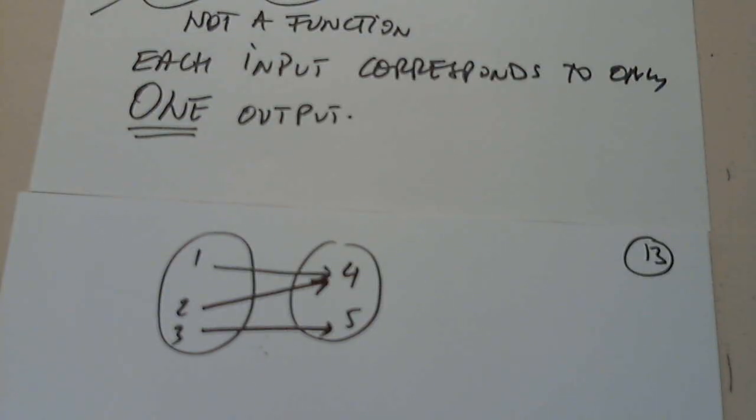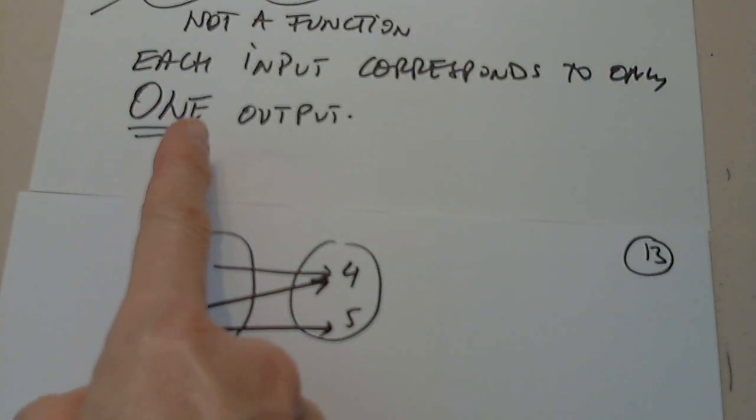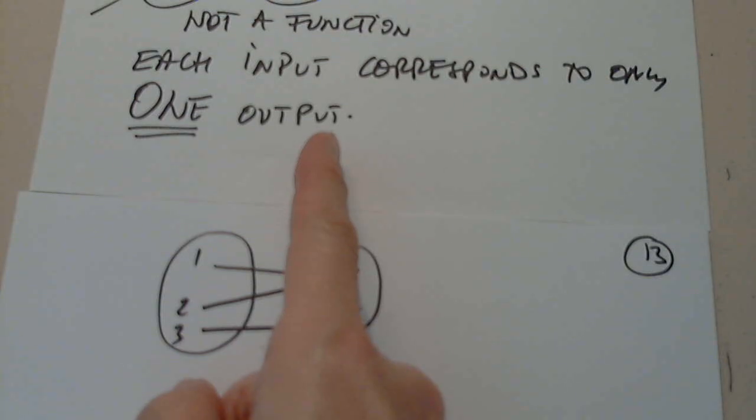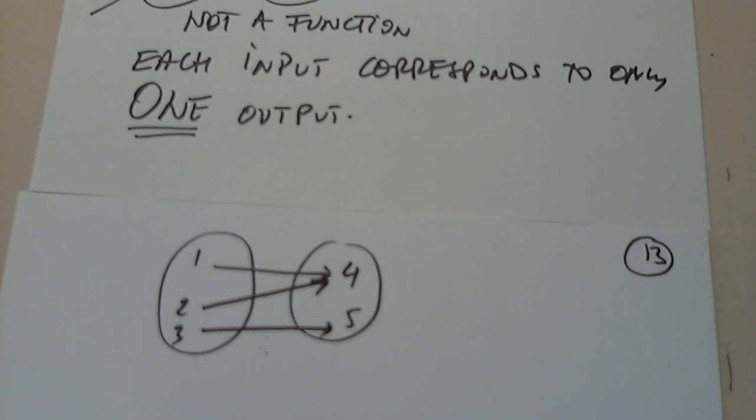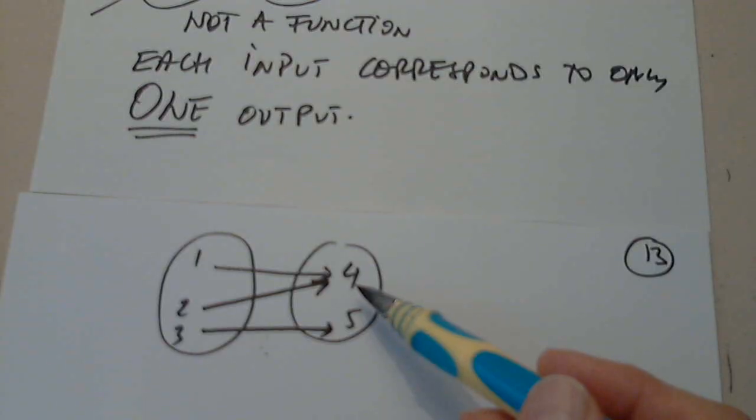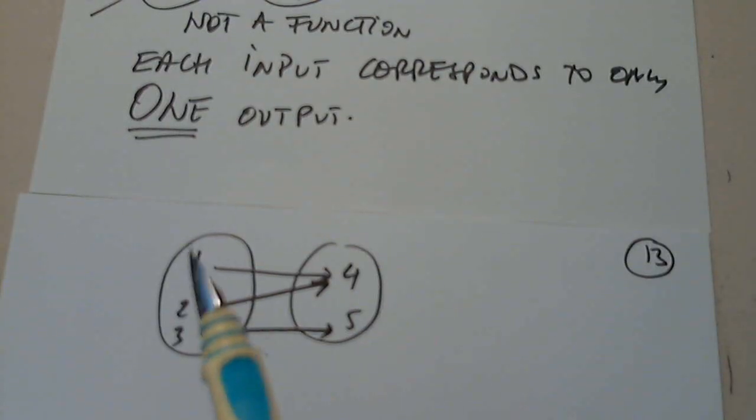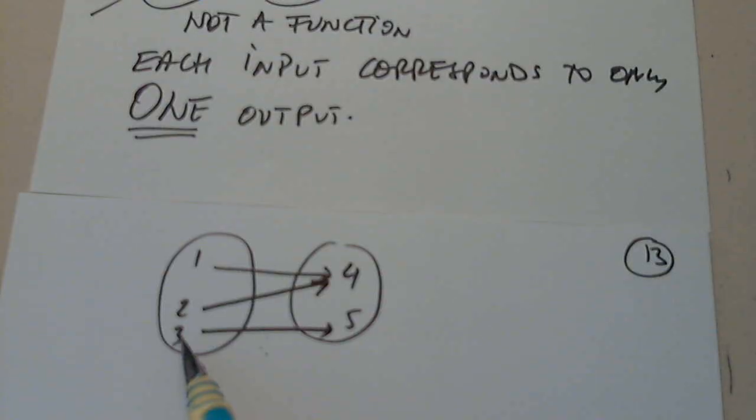Let's refresh our memory. Each input corresponds to only one output. Yes, it is a function. So two x values can go to the same output. Each x to only one y. So this is a function.